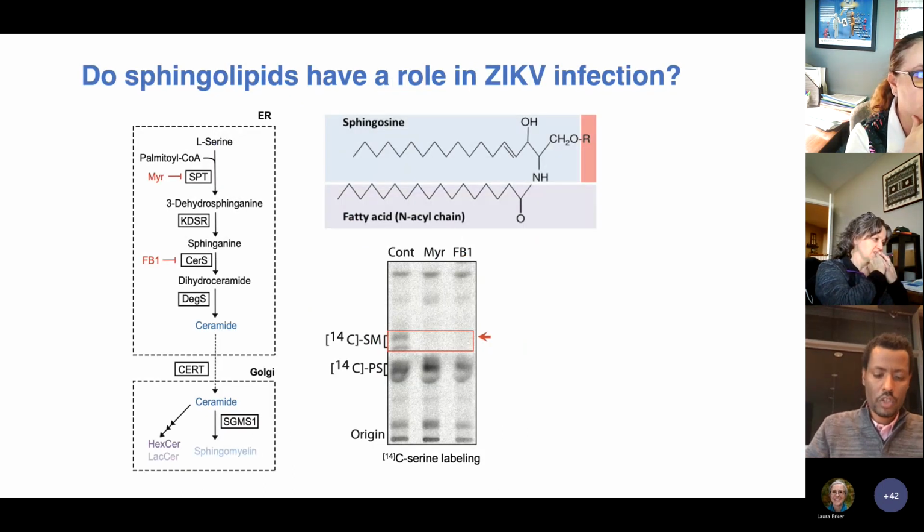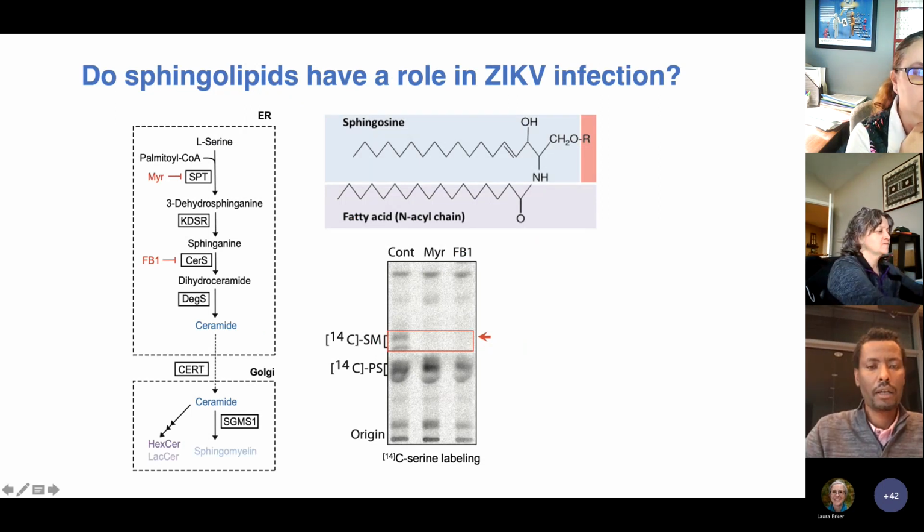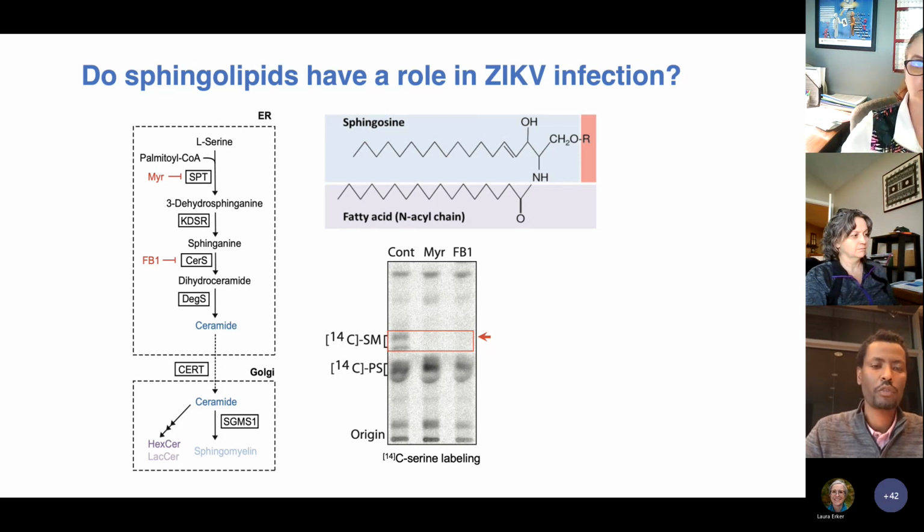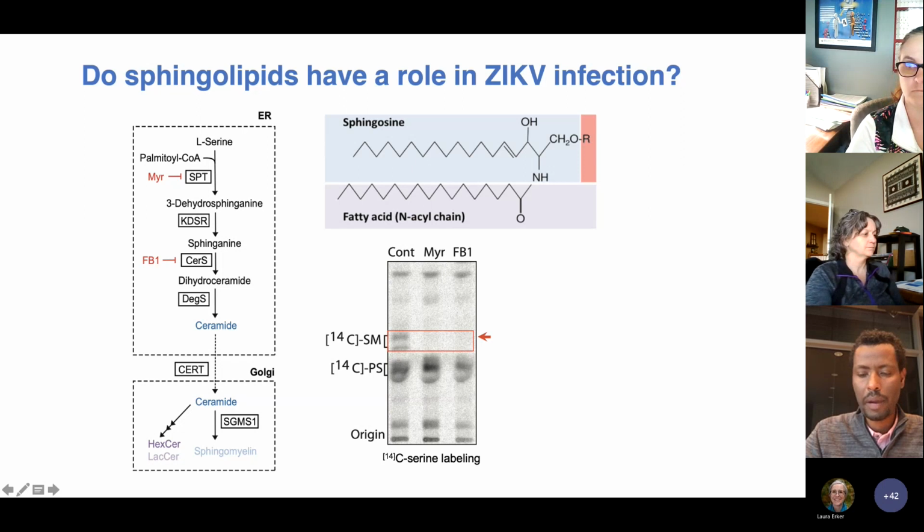So how are we going to test this? Just a little bit about the sphingolipid pathway. The sphingolipid pathway starts in the endoplasmic reticulum by the transfer of serine onto palmitoyl-CoA by an enzyme called serine palmitoyltransferase (SPT), which produces dihydrosphinganine, which is important for ceramide.